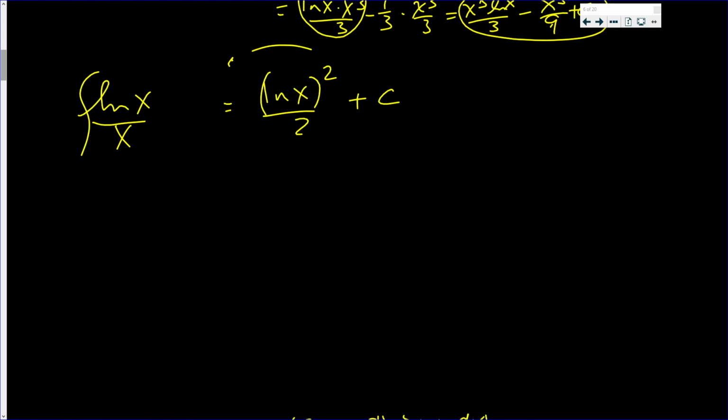So dx. I don't know how to integrate ln of x. So I'm going to put ln of x here because I know how to differentiate it. And what's left over is 1 over x.